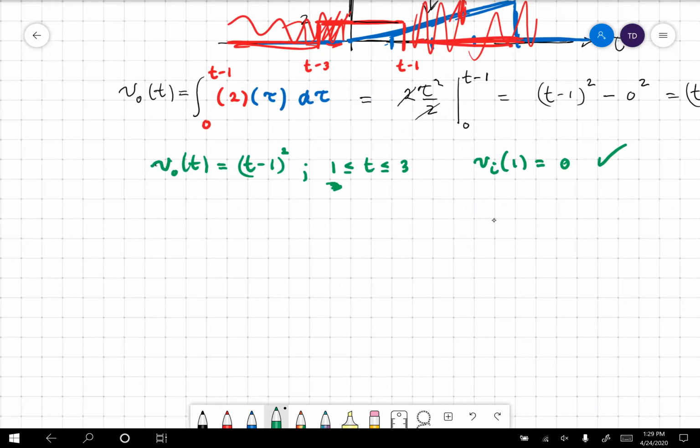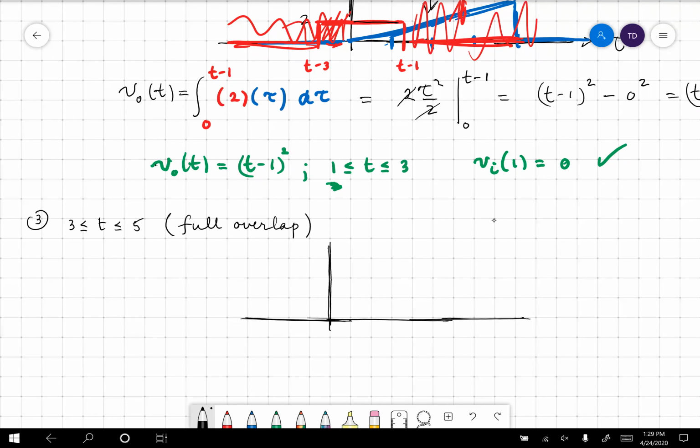So the third region is what I call full overlap, and that's going to happen for 3 less than or equal to t less than or equal to 5. Draw a typical picture. 1, 2, 3, 4.